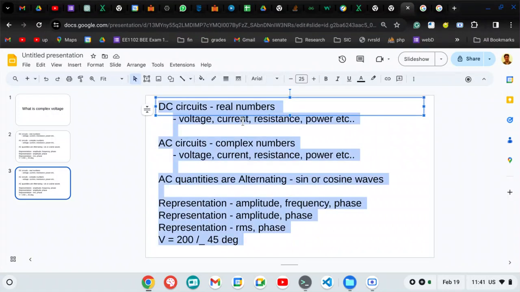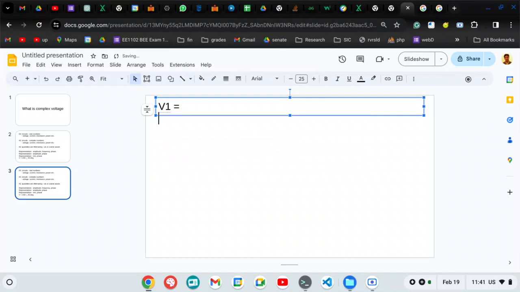So see, let's say I define some voltage or vectors. They are not even voltages. Two vectors are there like this. Here the magnitude is 45 and the angle is 125 degrees.